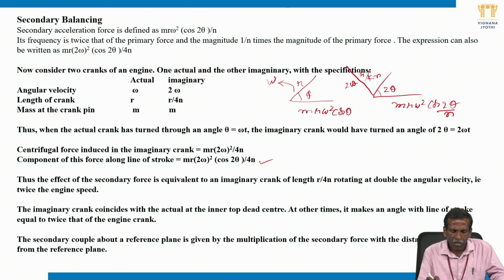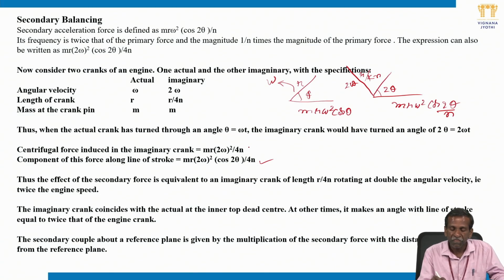Okay, so you can keep an imaginary crank which induces a centrifugal force, that is mr 2 omega square by 4n. Along the line of stroke, the cos 2 theta term will come into the equation, mr 2 omega square cos 2 theta by 4n.